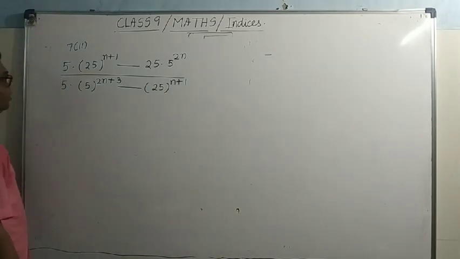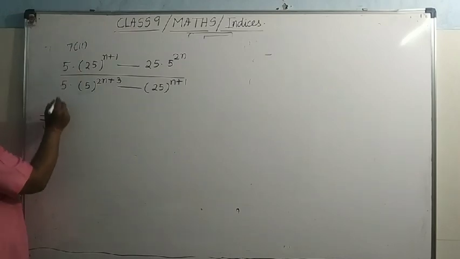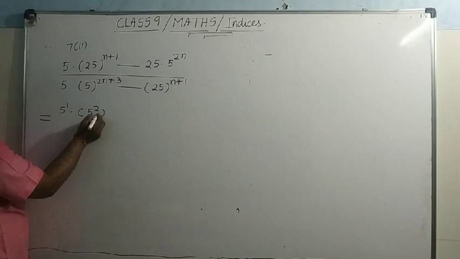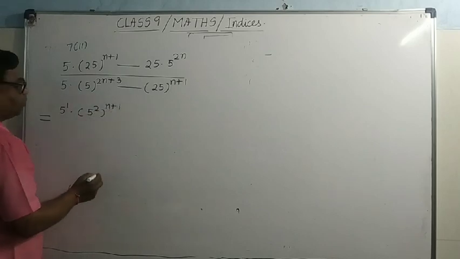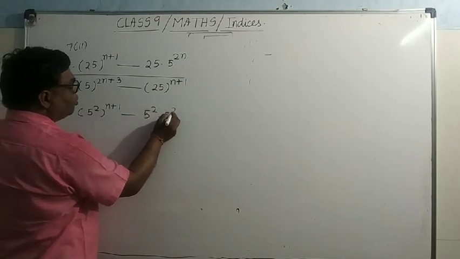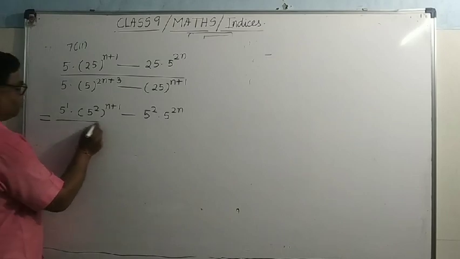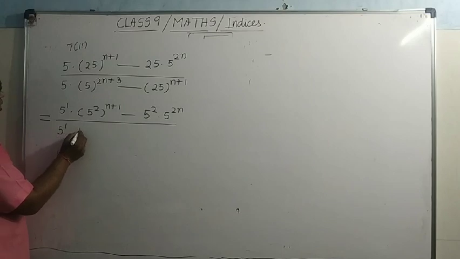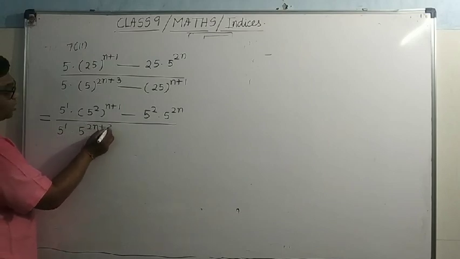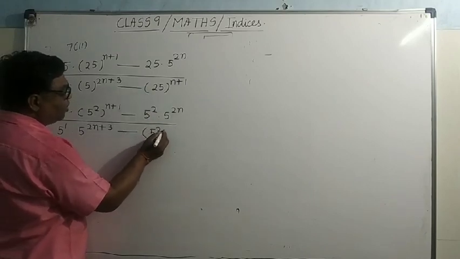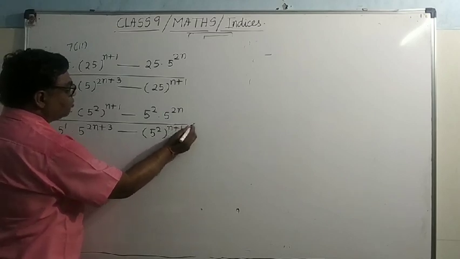So you can see here, we can write this as 5, 5 no power, so 1. Into means multiplication. 25 you can write 5 square whole to the power n plus 1 minus 25 is 5 square into 5 to the power 2n, divided by here 5 no power, so you write 1 into 5 to the power 2n plus 3 minus 25 you can write 5 square whole to the power n plus 1.